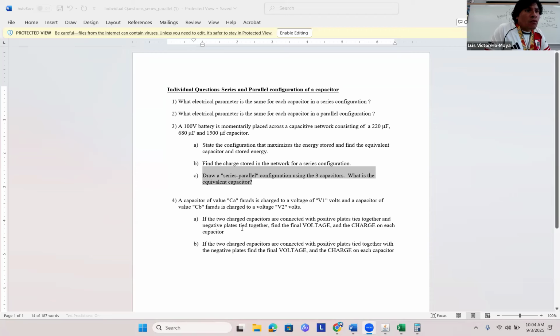If the positive plates are tied together and the negative plates are tied together, positive, negative, positive, negative, then they are in parallel, and you can redistribute the voltage. The voltage on each will be the same. So use the voltages V1 and V2 for both, and then you can use that to find the charge on each. And the other case will be in series. So that's basically what you have to do for this lab.